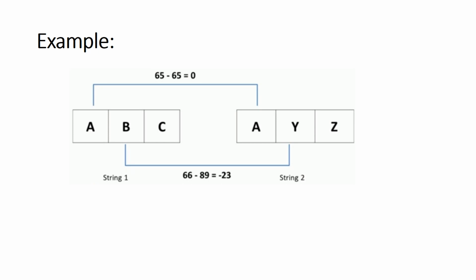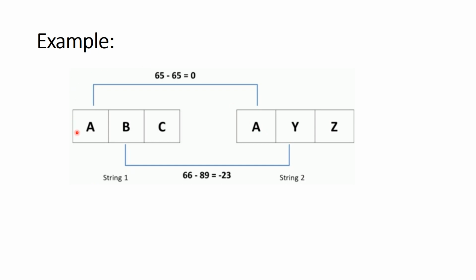The STRCMP function is used for comparing two strings, and it compares them character by character. Consider this scenario. Here two strings are given, string1 and string2. Let's see how this function will compare. The function will first take the first character in string1 and the first character in string2.